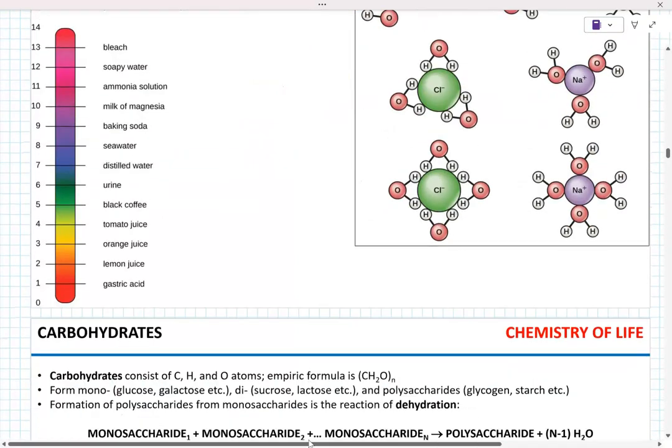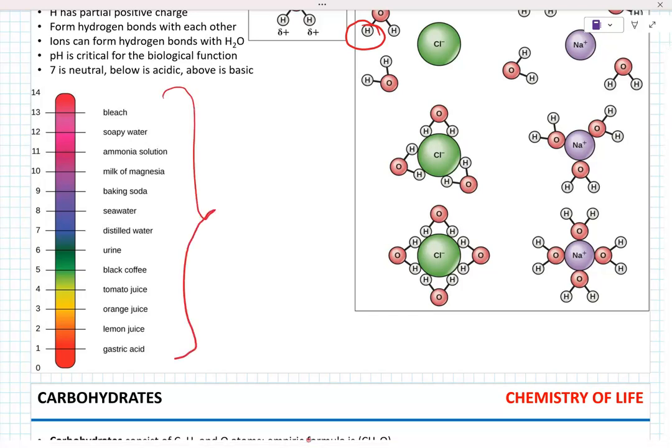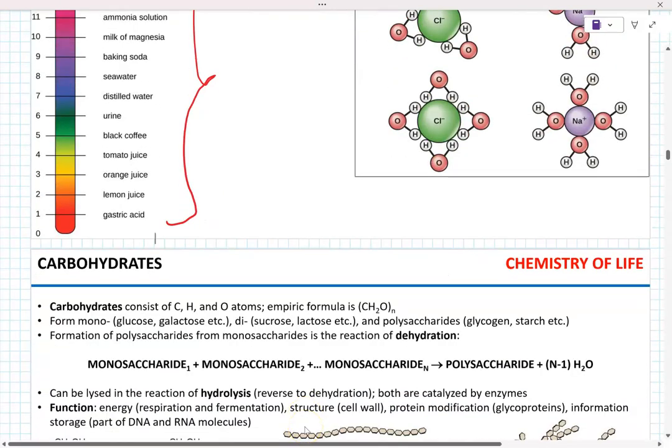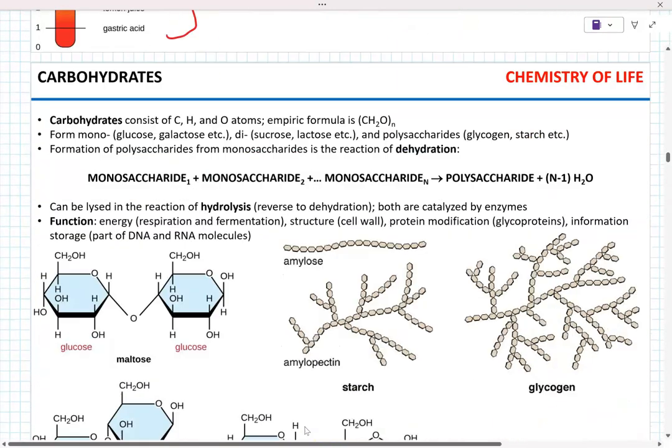And understand the whole pH scale. Do not memorize this. 7 is neutral, above 7 is basic, below 7 is acidic. Do you follow? If you increase acidity, pH falls. If you increase alkalinity, pH rises. Good? Any questions? All right.